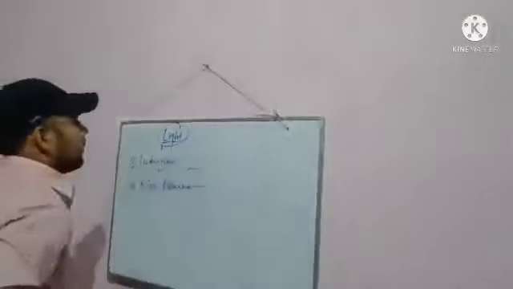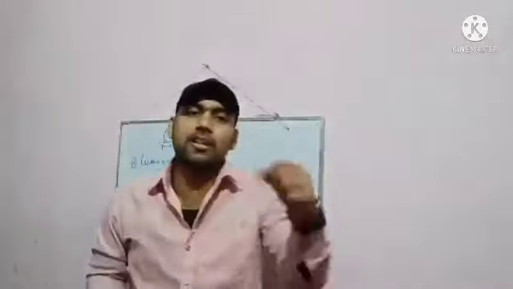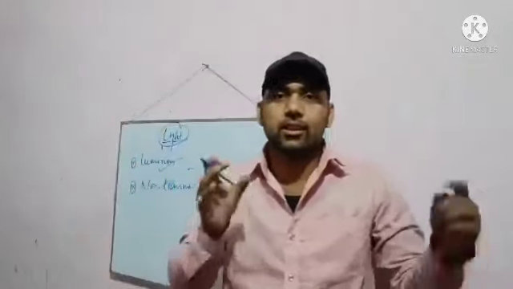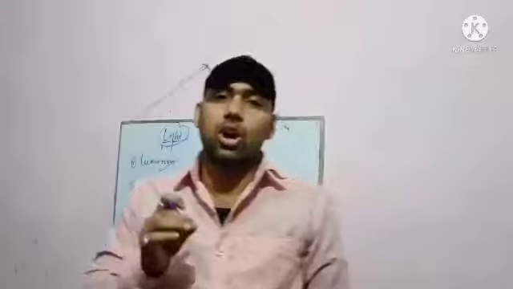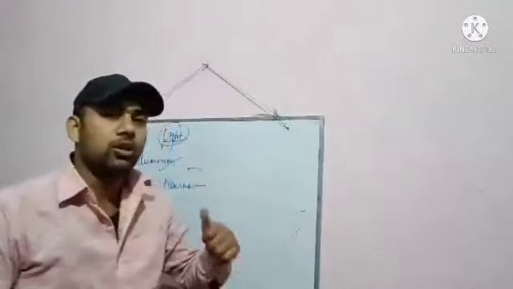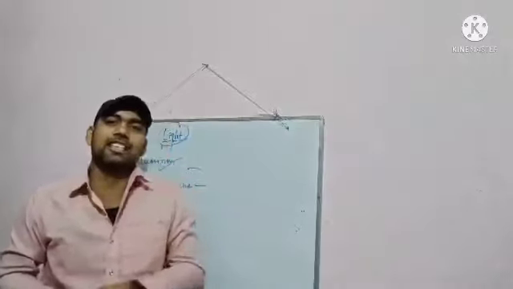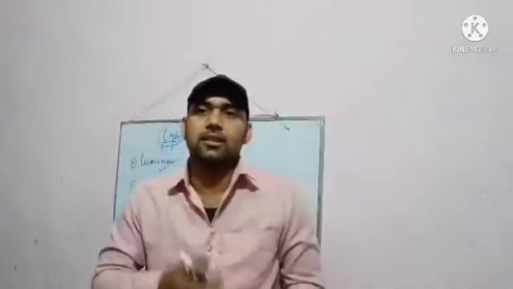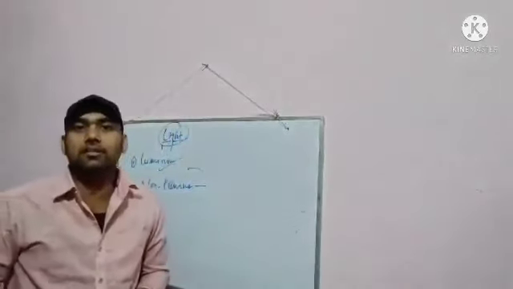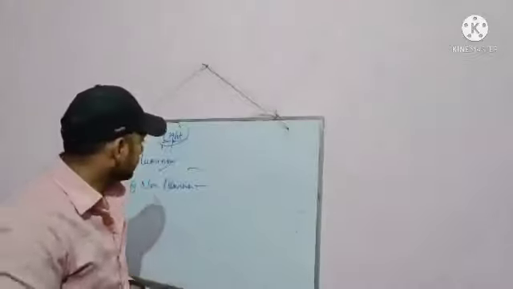At first, we are going to discuss luminous objects. The objects that acquire their own light, or the objects that emit their own light, are called luminous objects. For example, sun, stars, electric bulb, which is glowing right now in my class.